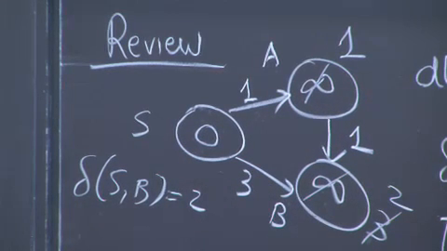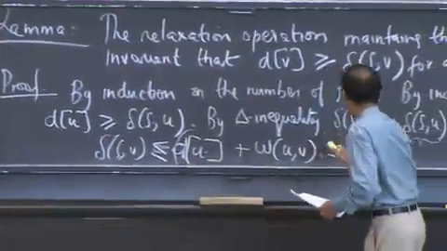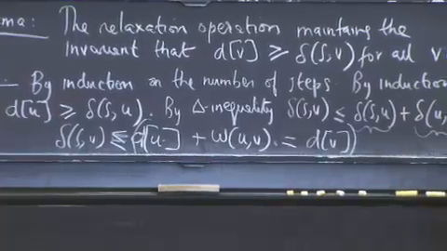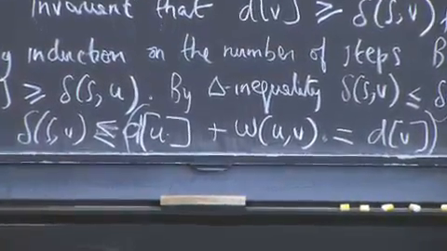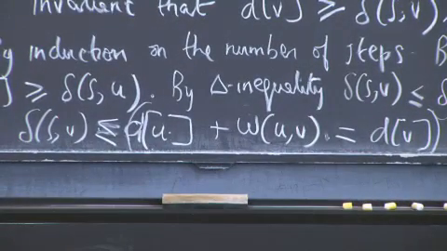And so once we have that here, we can essentially say that delta SV is less than or equal to du plus w uv, which implies, of course, once we're done with the relaxation step, that this equals dv. OK? That's how that works. So that's good news.